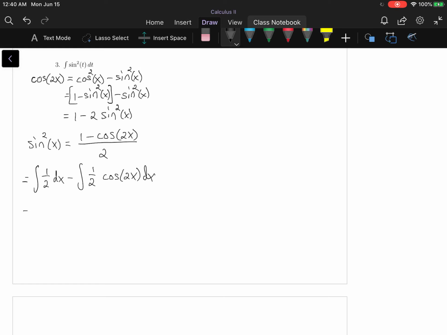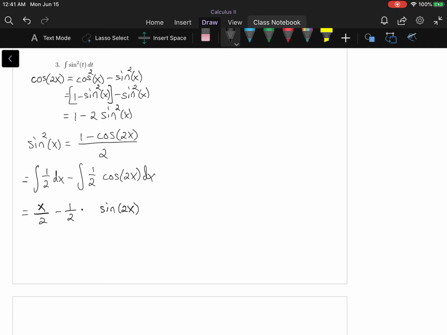This first integral is going to give us x over 2. And this second integral, I might think, well, the integral of cosine is sine, so I may jump to sine of 2x.